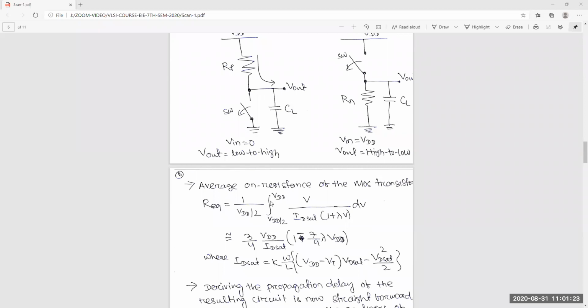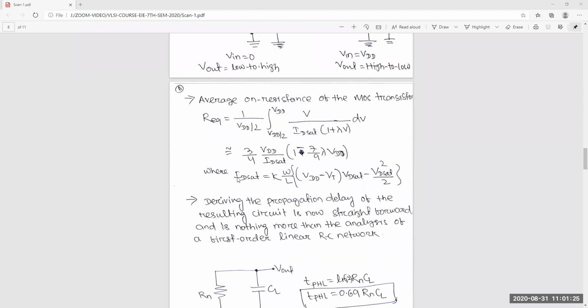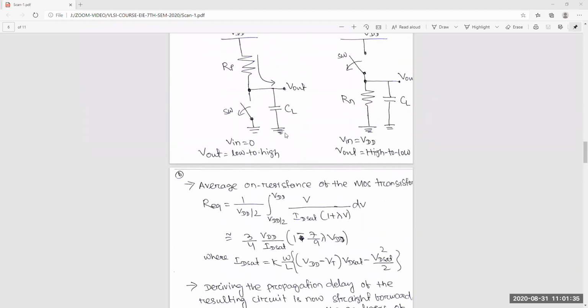Chapter 3. So you need to know this R equivalent, RP or RN. So this is the equation. In the Kang book maybe you can get this derivation, but in Rabaey it is clearly mentioned.